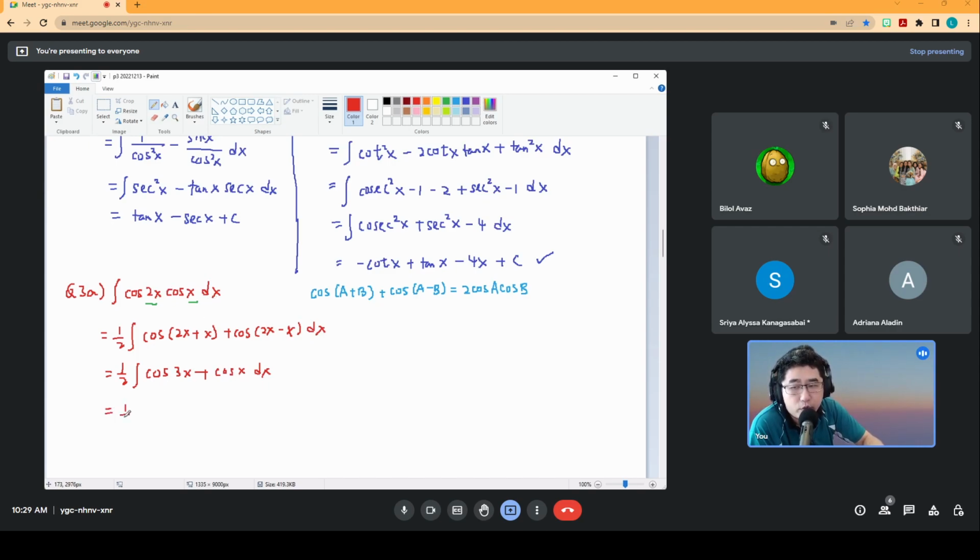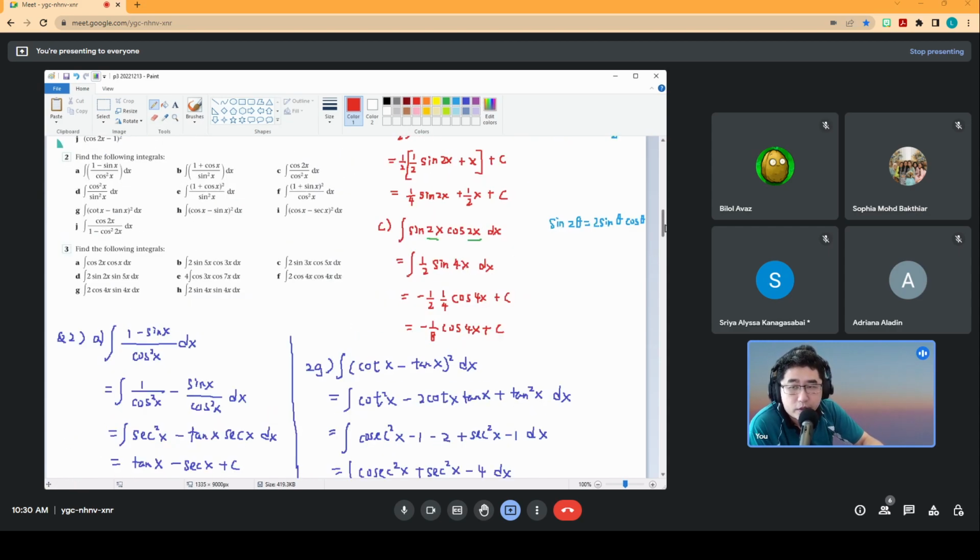Okay, together with the cos rule and rule 17, I will have 1 over 3 of sine 3x plus sine x plus c. Hence, you have 1 over 6 of sine 3x plus 1 over 2 of sine x plus c. Done. Okay, so let's look at another example.